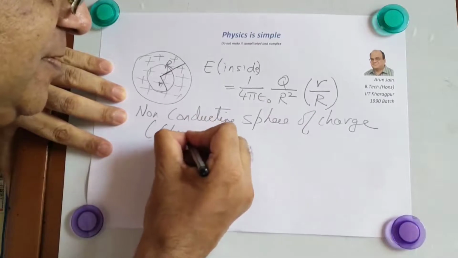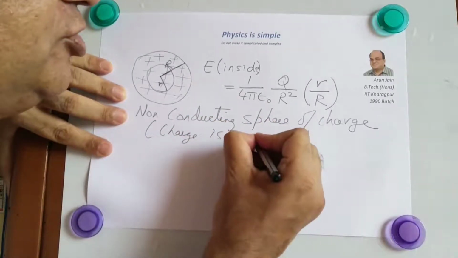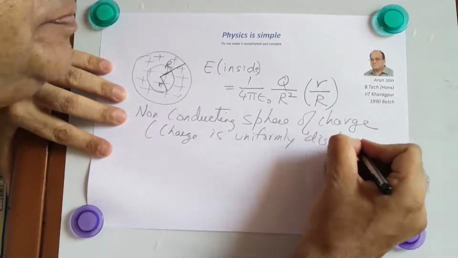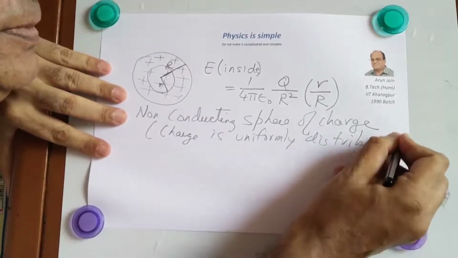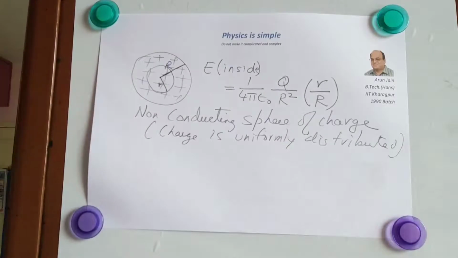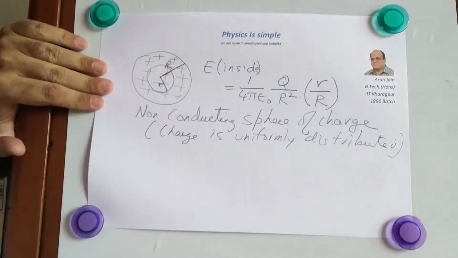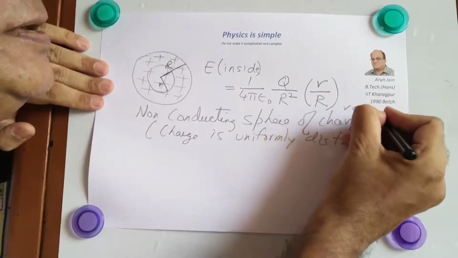Charge is uniformly distributed over the entire volume. So this is 1 by 4 pi epsilon q by big R square multiplied by small r by capital R, and this is directed radially.